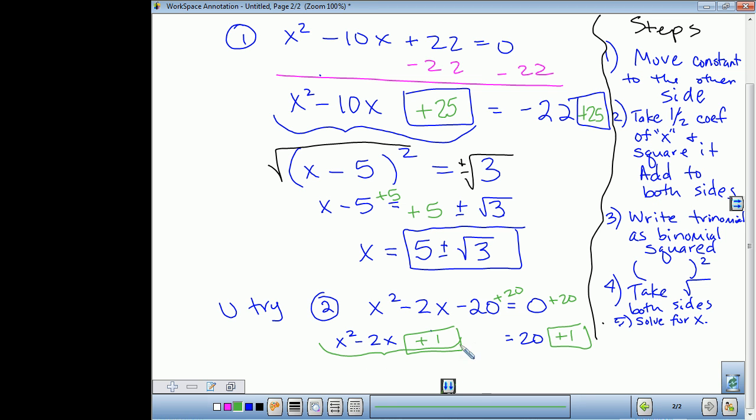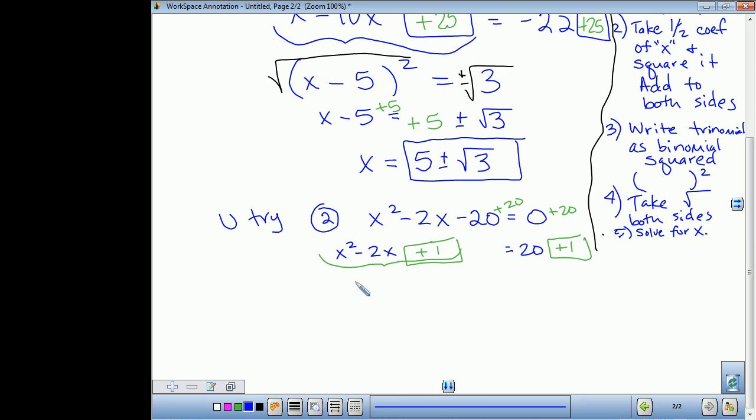Then in factored form, this becomes x minus 1, binomial squared. This trinomial factors to this. That equals 21. We're going to take the square root of both sides, and you get plus or minus.